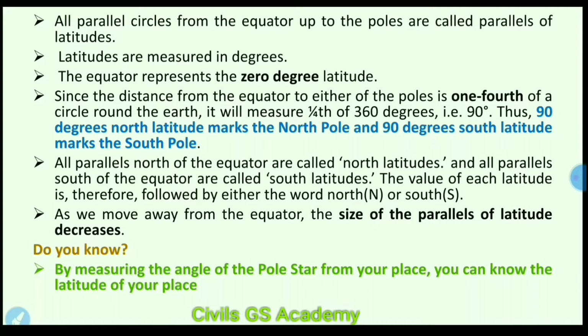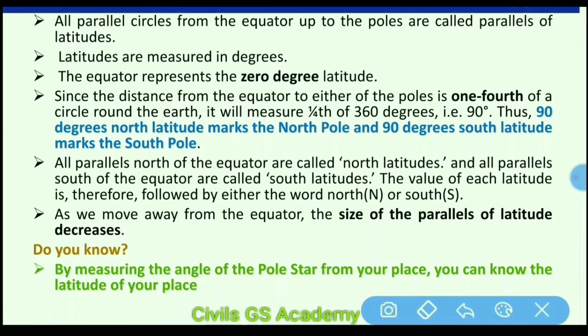And what is 1/4 of 360 degree? It is 90 degree. Thus 90 degree north latitude marks the North Pole and 90 degree south latitude marks the South Pole. So this point is very important from the examination point of view, that 90 degree north latitude marks the North Pole and 90 degree south latitude marks the South Pole.